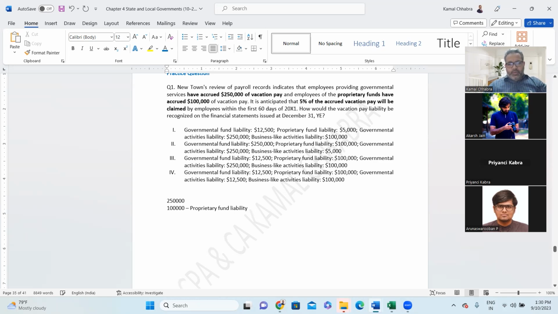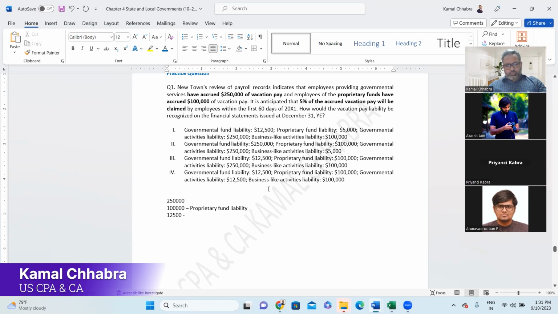And then they're saying 12,500. So governmental services this much: 5% of accrued vacation pay will be claimed by the employees in 60 days. The 12,500 is governmental too, because for governmental services they accrued 250,000, and 5% of that accrued vacation pay is what applies. To me it looks like the right answer.